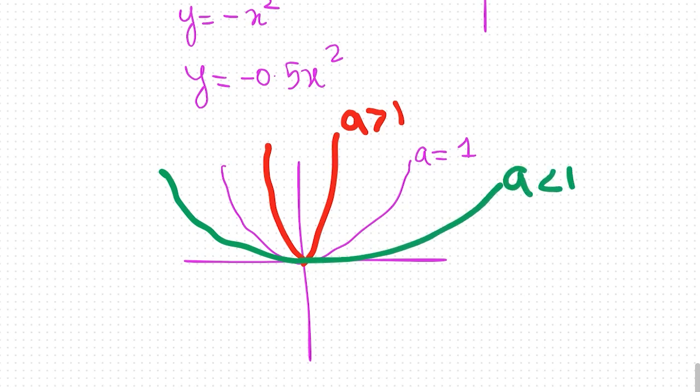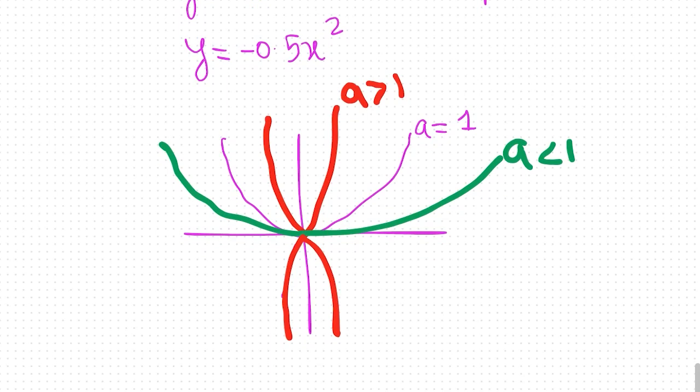Any doubt? So if you draw a graph symmetric to this red one, like this, it will be negative 1, correct? Not this one, but this purple one, same color.